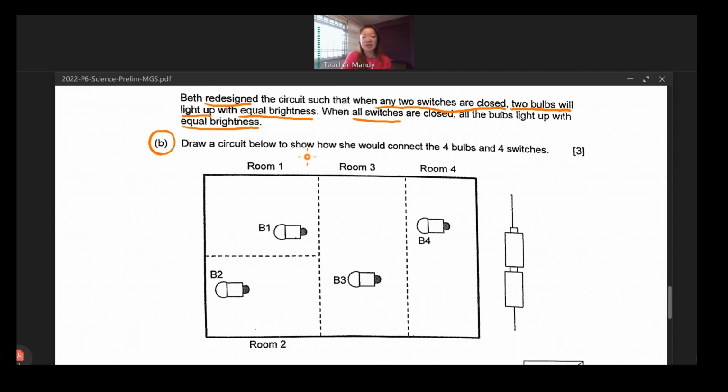Now, draw a circuit below to show how she will connect the 4 bulbs and 4 switches. They've already given us a very big clue. Equal brightness, whether it's for 2 switches with 2 bulbs or all switches with all bulbs. Which type of circuit will give you equal brightness? Series or parallel? Parallel.